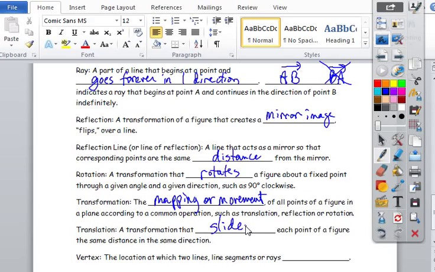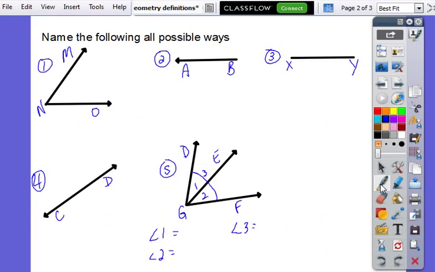Vertex is the location in which two lines, line segments or rays intersect. All right, I want to be able to name these in all possible ways. If it's an angle, like number one, that one right there has three different choices that I can use. Somebody give me one of them.